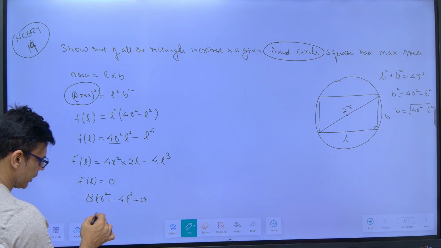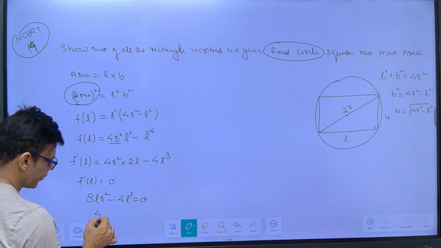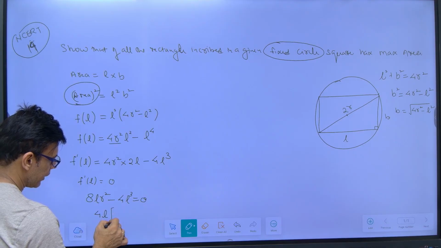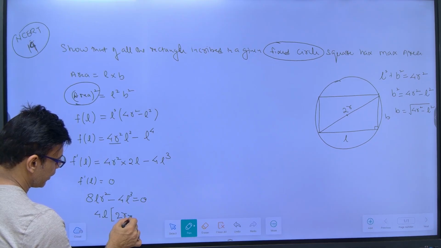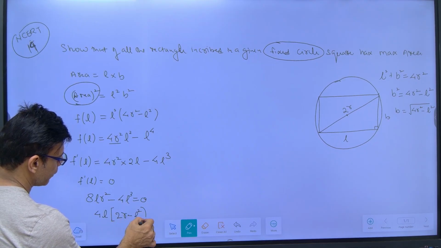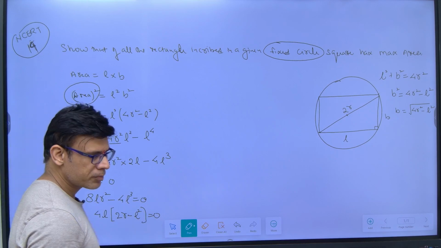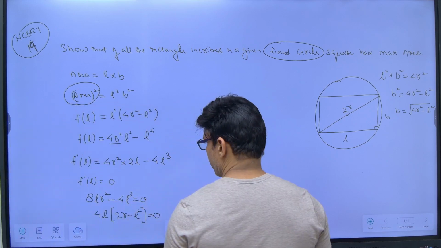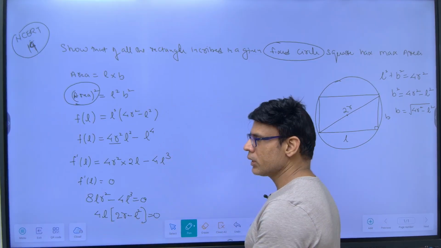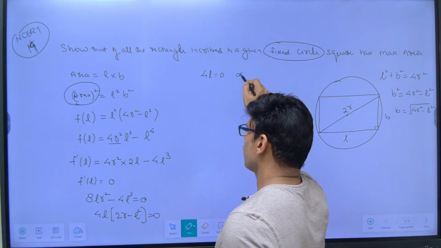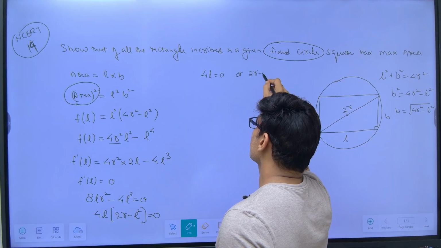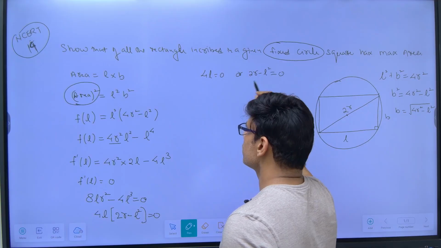0. From this, what is common? 4 and L. What you are left with? 2R minus L square is equal to 0 or not? Factorize हो गया. So either 4L is equal to 0 or 2R minus L square is equal to 0.